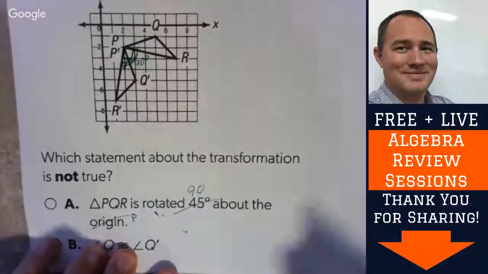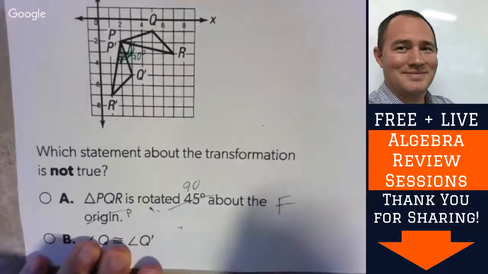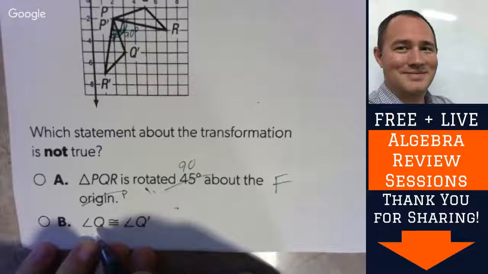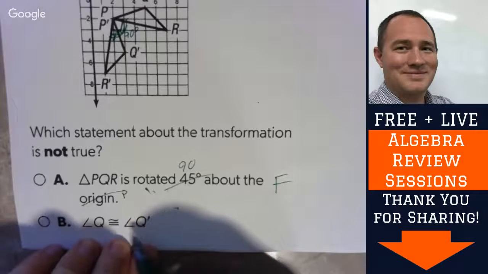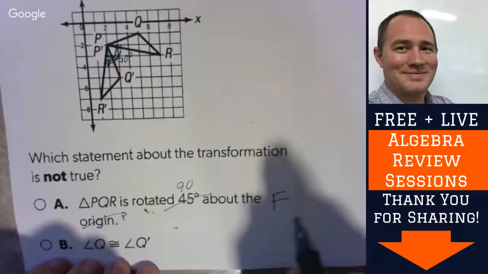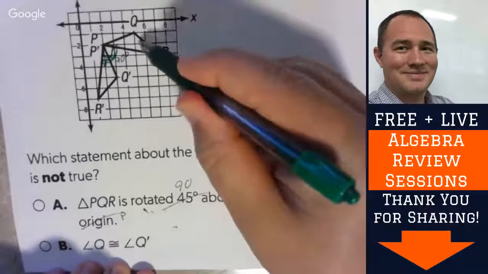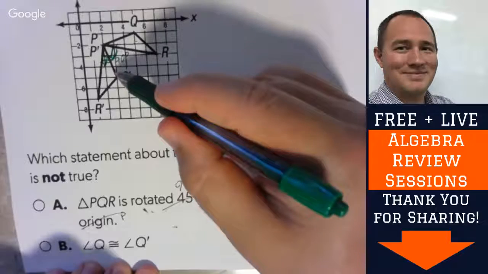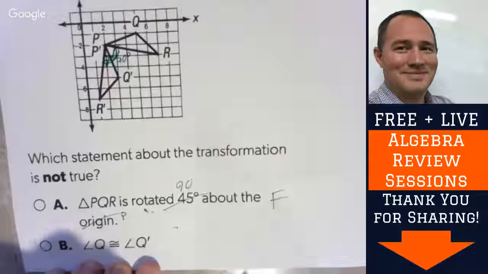So that's false on 2 counts, definitely false. Angle Q is congruent to Q prime. So would we say that this angle is congruent to this angle? I would say yes, I'd say that's true.